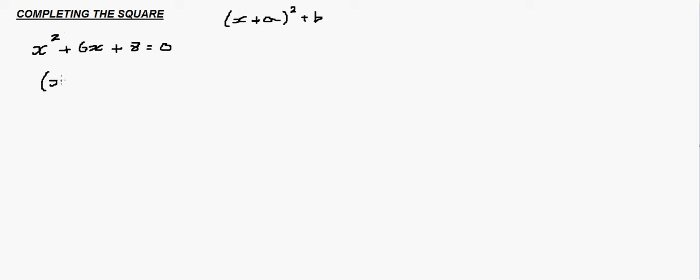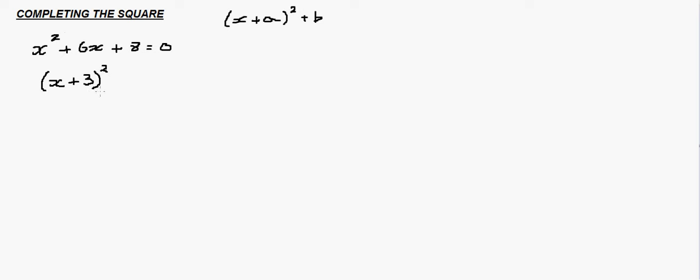This is always done the same way. We take the sign and we take half of this coefficient value. So half of 6 would be 3. Okay, no x, just that. And we would square that, hence the term completing the square.